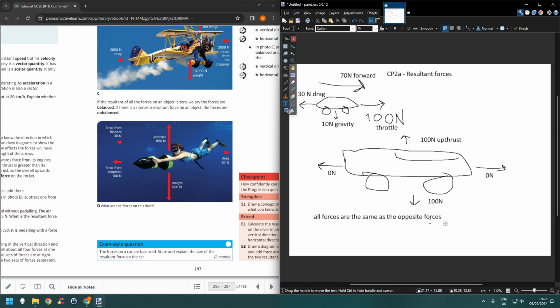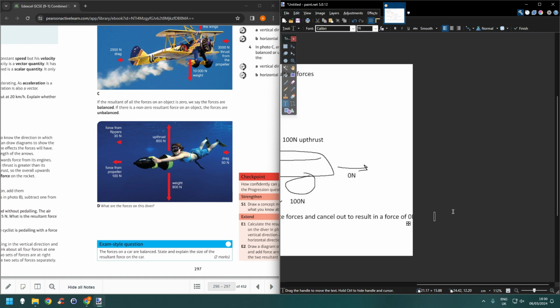So all forces are the same as their opposite forces, and cancel out to result in a force of 0 newtons in any direction.